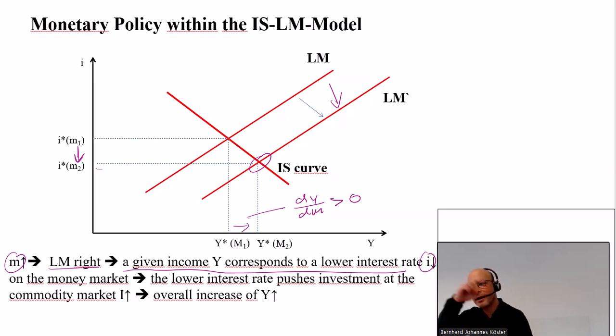But then I step to the commodity market. What does a lower interest rate mean in the commodity market? This means that investment is going up.